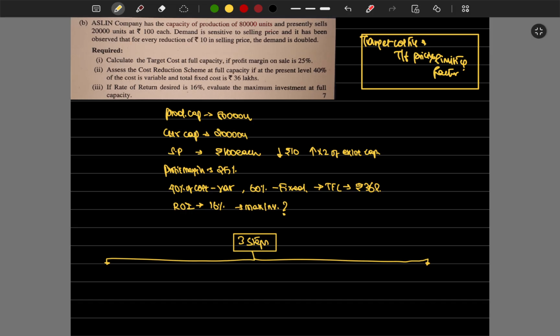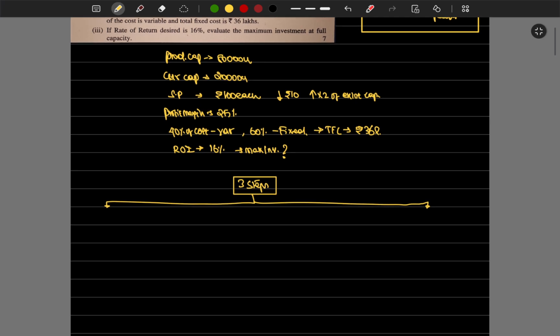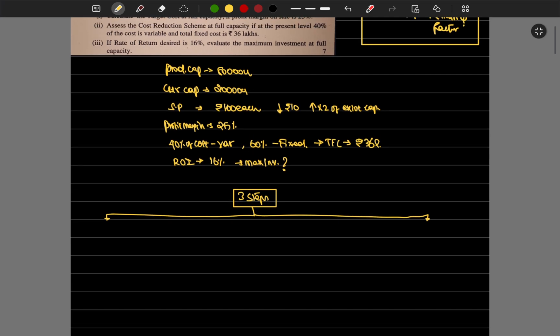Products are already there in the market, so we have to fix the selling price of our product by the existing market price. That's what we are doing here. So we have to reduce the cost by fixing the target profit and target selling price.